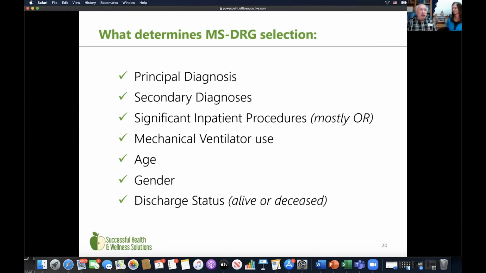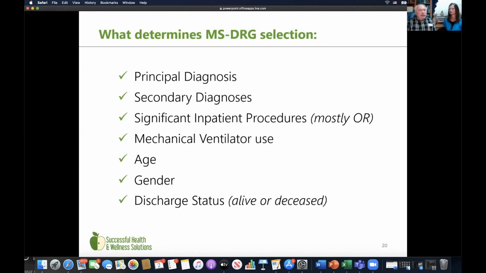And these do not include endoscopy, whether GI or bronchoscopies. Also, the use of a mechanical ventilator for 96 hours or longer will impact the final weight and payment. Also, the age, gender, and discharge status of the patient.